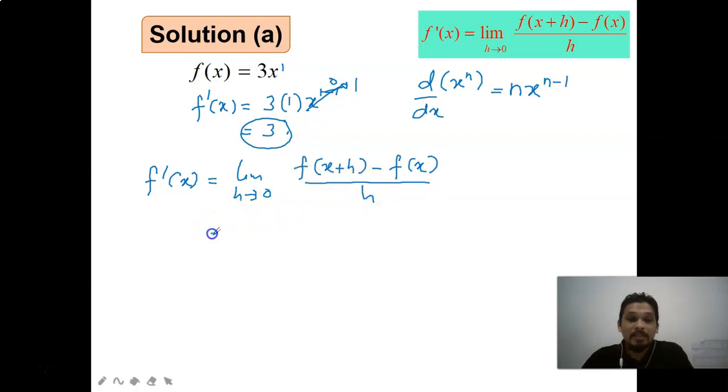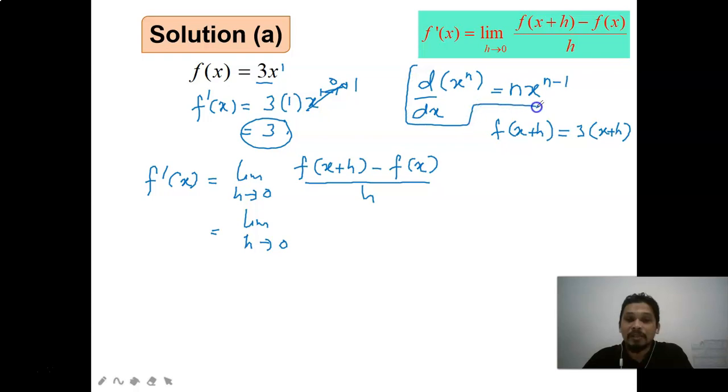Okay, so then limit h approaching 0, f(x plus h), this is f(x). Okay, f(x plus h) means that we substitute x plus h into this x, 3(x plus h).